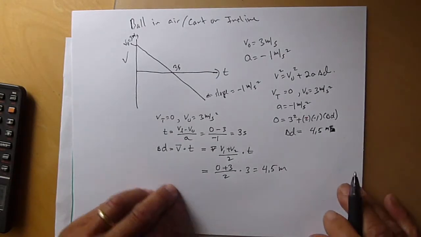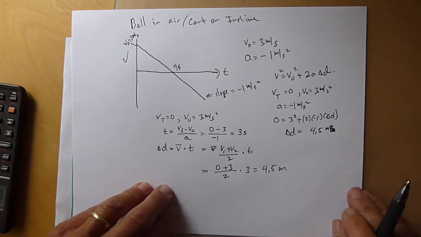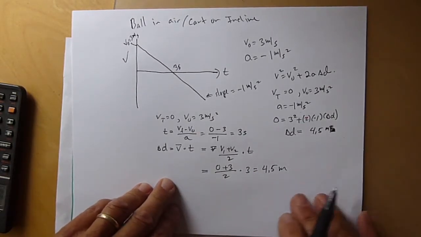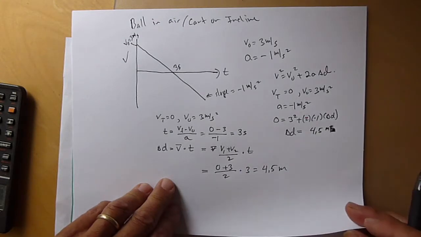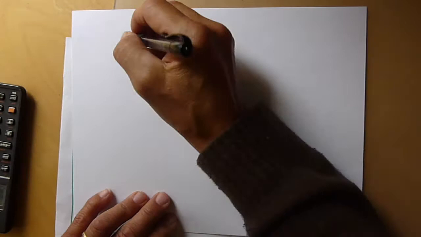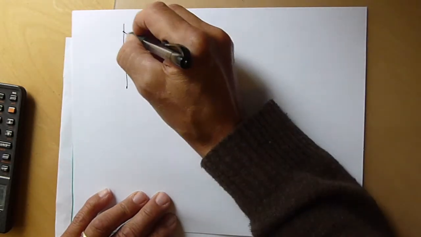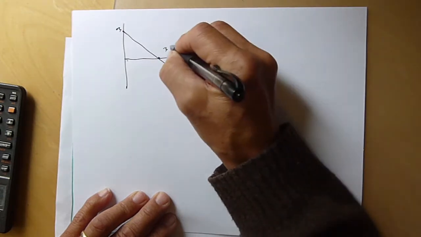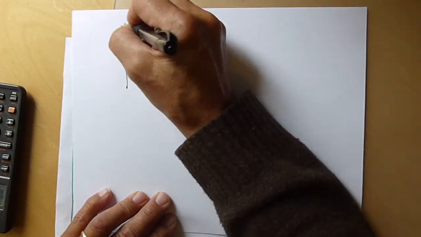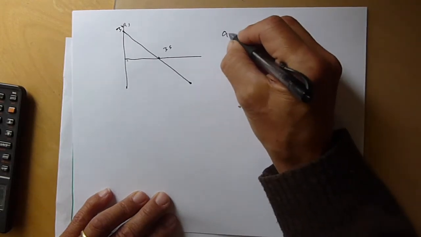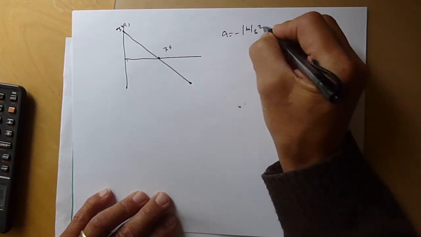So that's fairly straightforward. Now, there's a whole bunch of other problems that we can do, and I'm going to move to a new sheet, redraw a couple of these things, and then we'll talk about that. Same deal. Initial velocity 3, intercept of 3 seconds, 3 meters per second, and this time an acceleration of minus 1 meter per second squared.